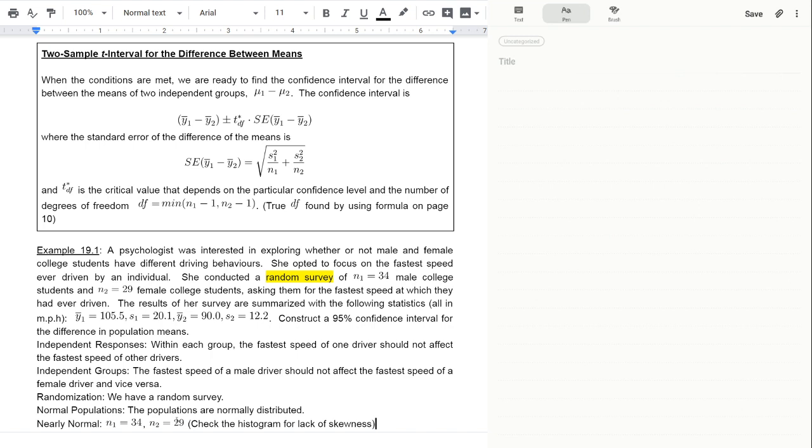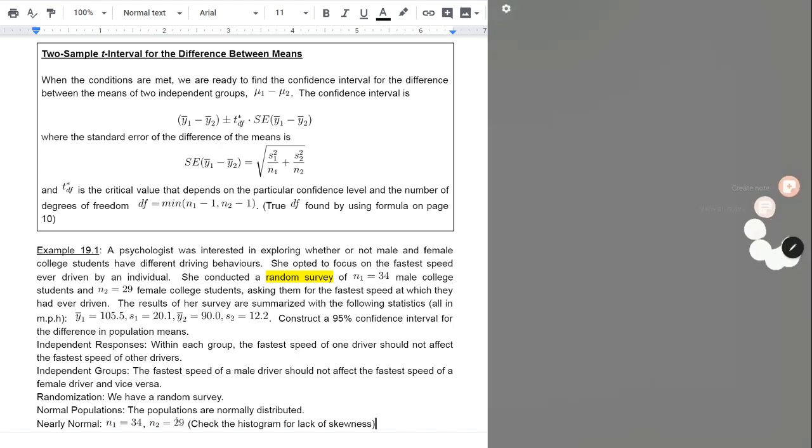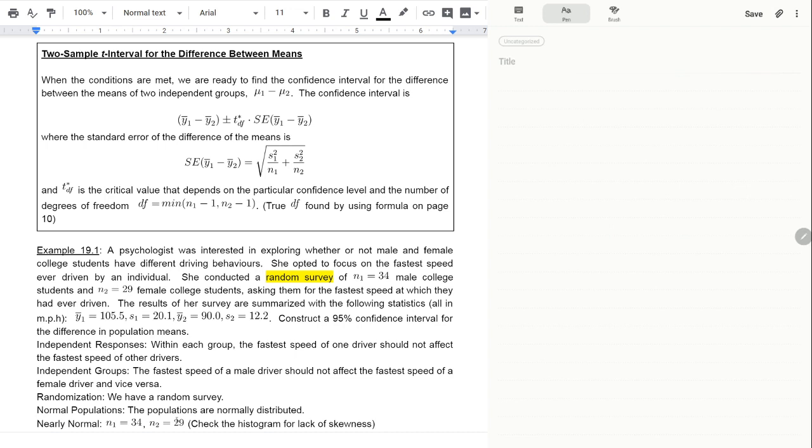And so we want to make sure that the distributions are not very skewed. Okay, so now let's have a look at constructing our confidence interval. All right, so we're going to take the difference between the sample means, so y1 bar minus y2 bar. We will then add and subtract a critical value multiplied by the standard error.